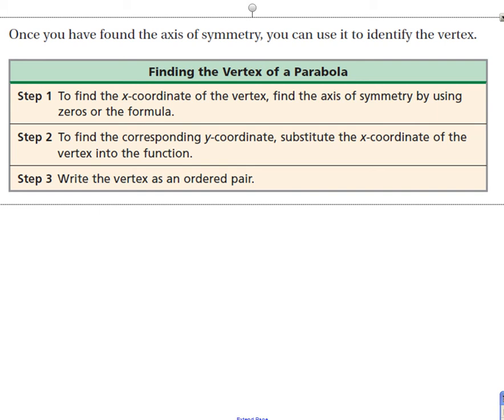So 3-step process. Step 1, find the axis of symmetry. Step 2, substitute the x-coordinate into the function. Step 3, eat cake. Or write it as an ordered pair, whatever.